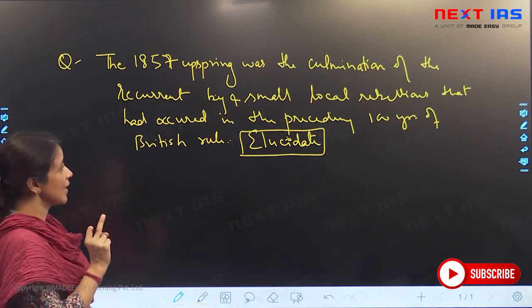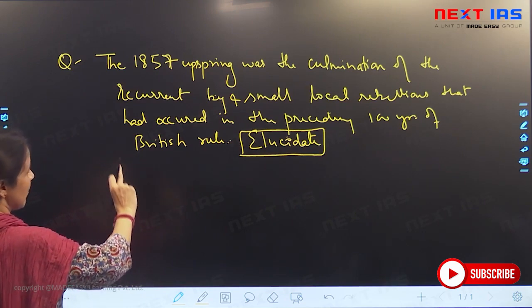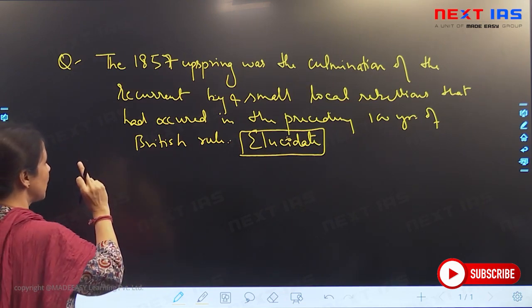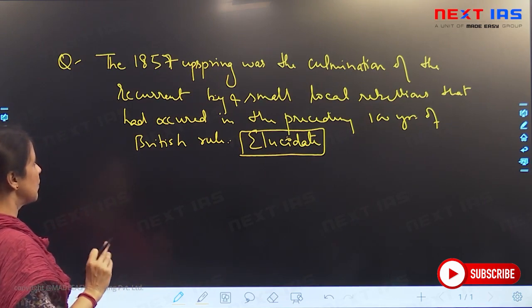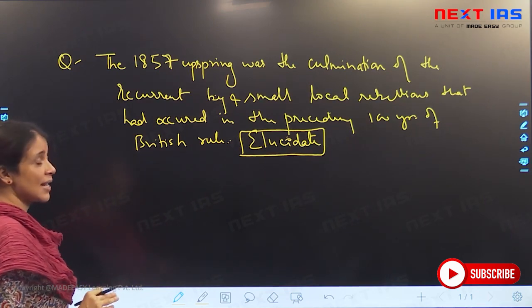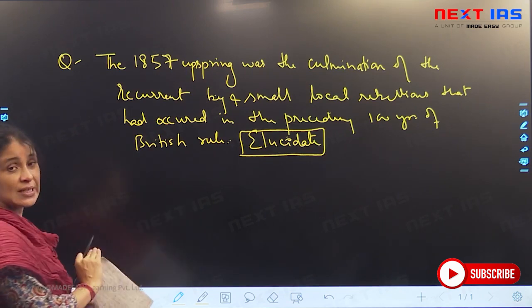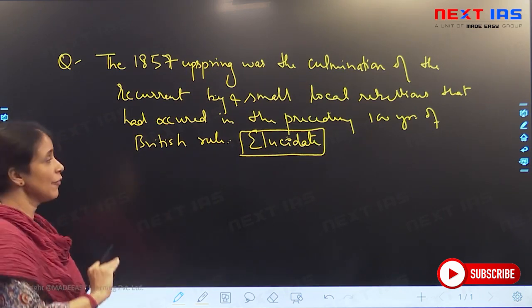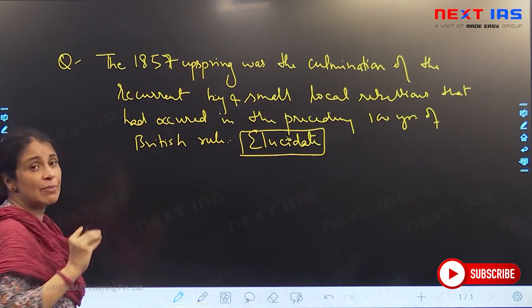So you have to make the other person understand how the 1857 uprising was the culmination of the recurrent big and small local rebellions that had occurred in the past 100 years. So in the past 100 years small rebellions had occurred, and finally 1857 was a sum total of all those things. So you have to make that very much clear.